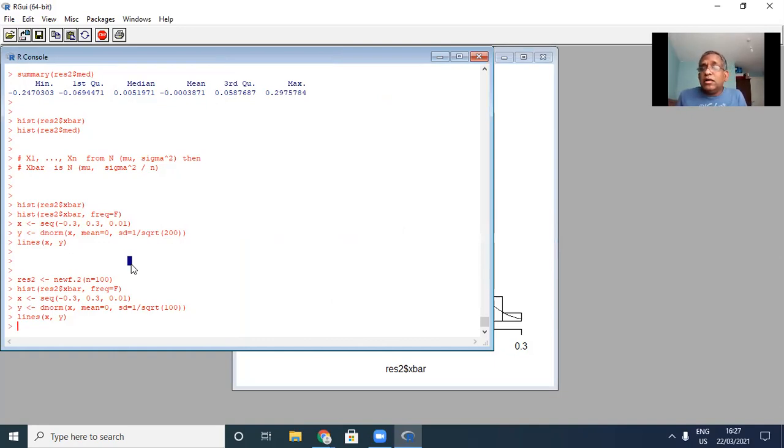Any questions on this, guys, so far? So what I have done so far is the second part of the tutorial sheet. Before I go to the next part, which is on the distribution of the sample mean, median, and variance of Poisson, do you have questions, guys?